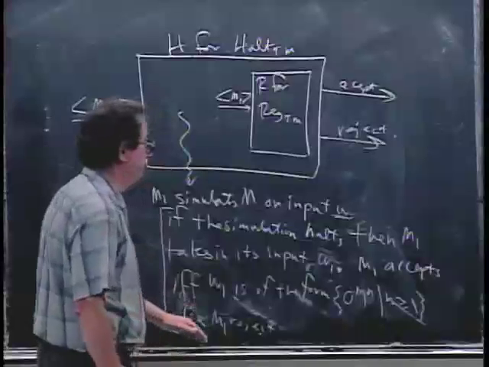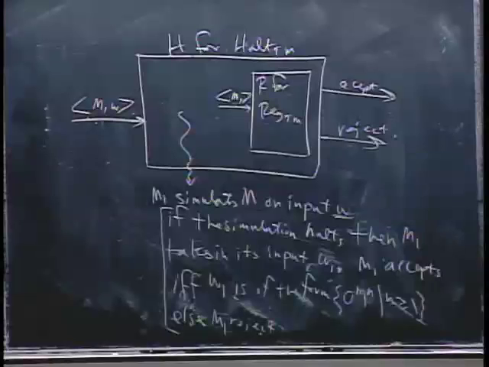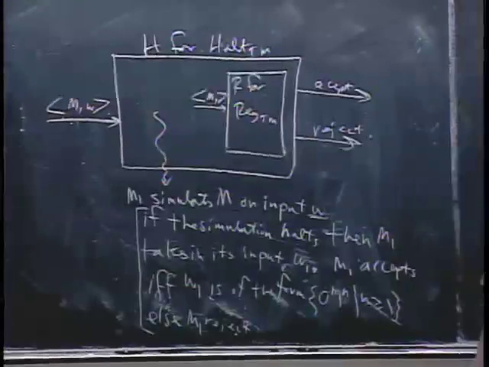M1 doesn't accept anything because it's spinning its wheels forever. Okay? What else can M1 possibly accept?